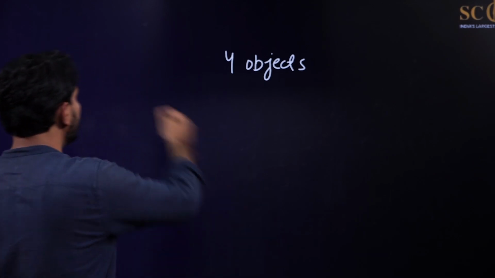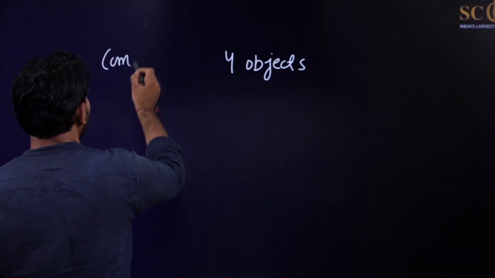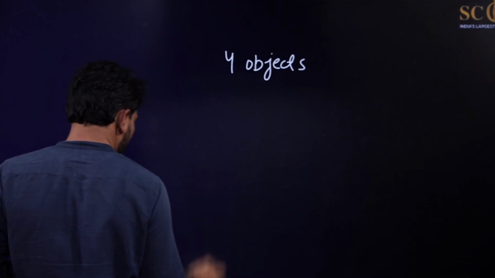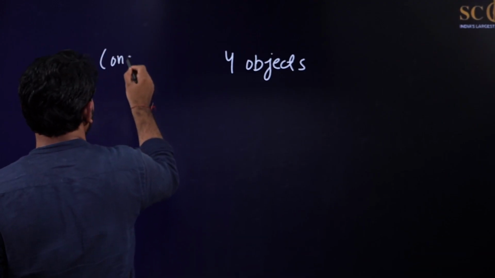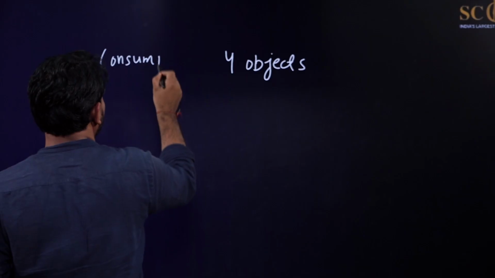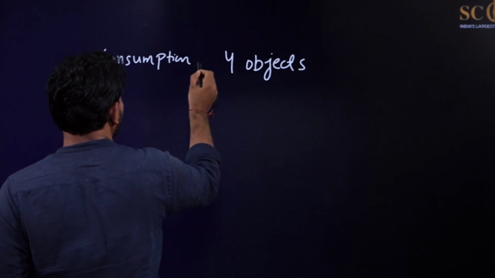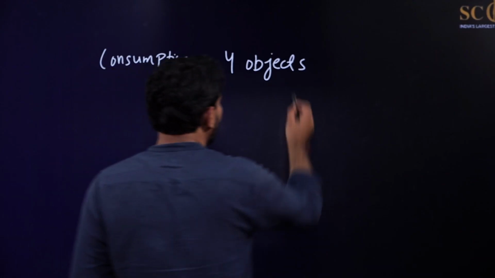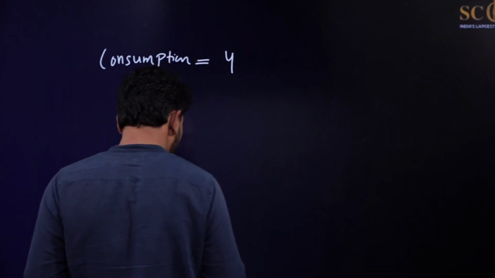This is your consumption. Or you can say that you have bought 4 kg of items. You can also write it like this.